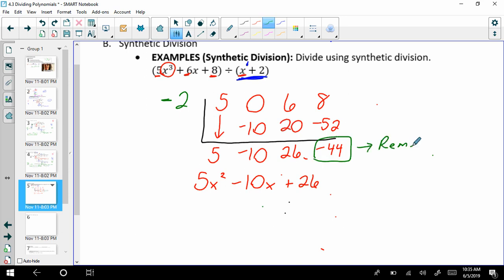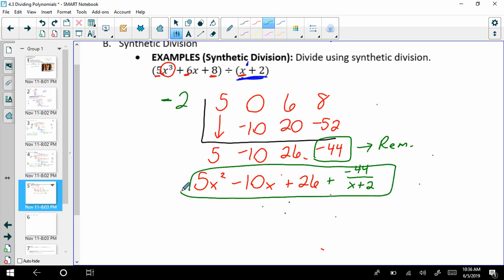It represents the remainder. So we're going to write our remainder over what we were dividing by. And we're going to use the polynomial form, x plus 2. So here is my answer. Now, if you wanted to know if you were right, you could double check that with long division.